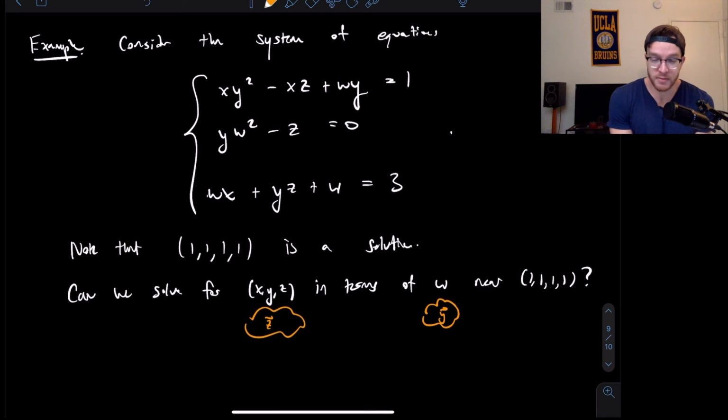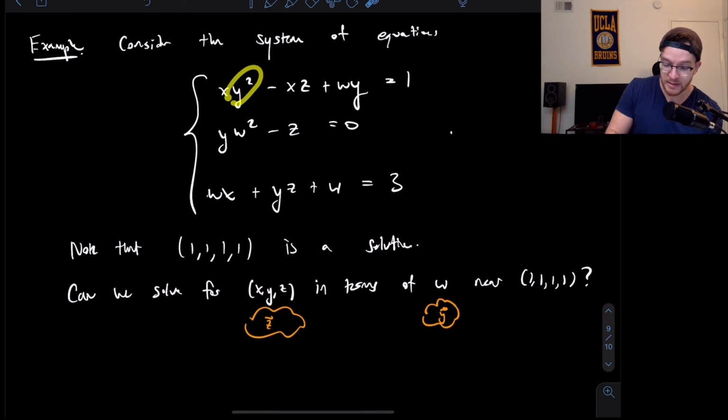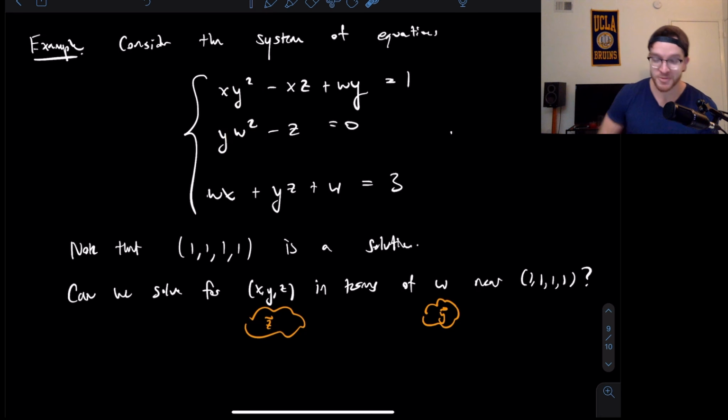I'll reiterate again, if you want, you could just try doing the algebra. Maybe you can do it, but the squared and the w squared, it's slightly nonlinear. In general, this looks kind of difficult.